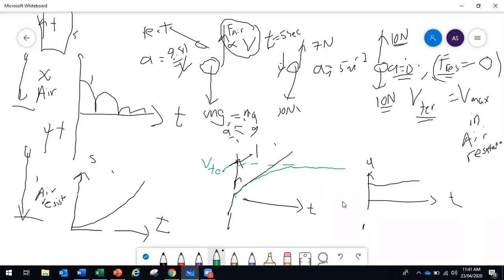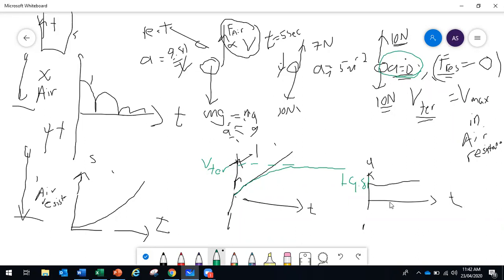Any questions? If you understand this, can you sketch for me what the AT graph looks like? Is it going to be constant at 9.81? When terminal velocity is achieved, A becomes 0.